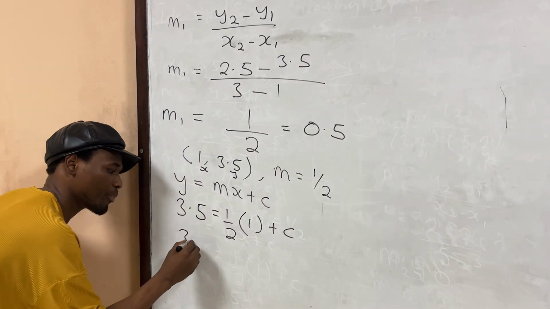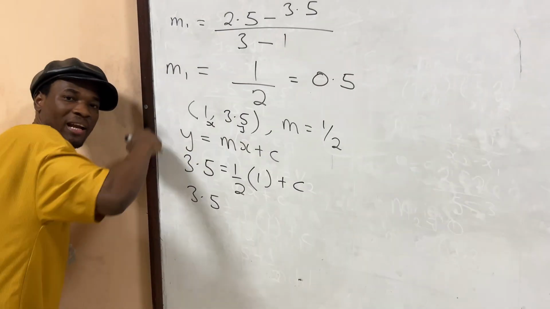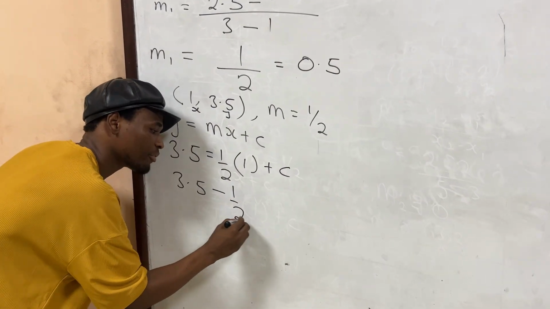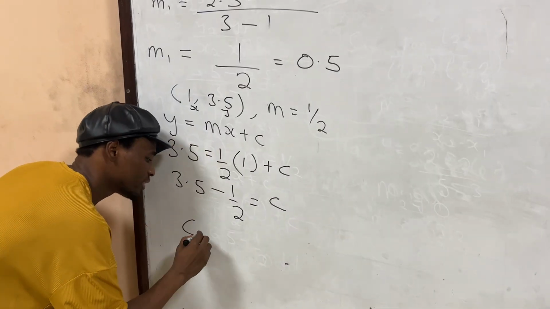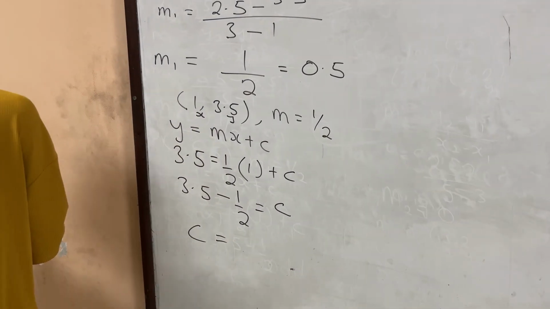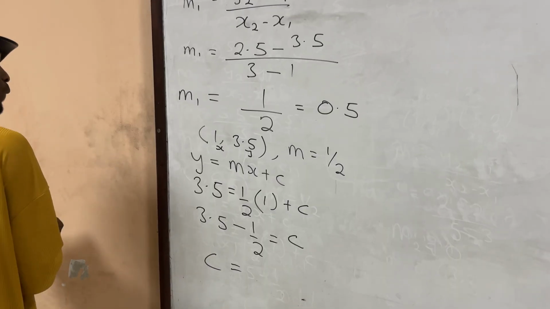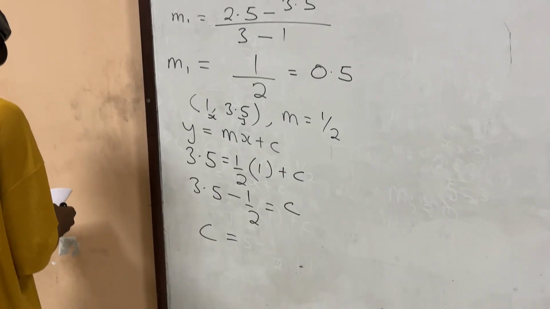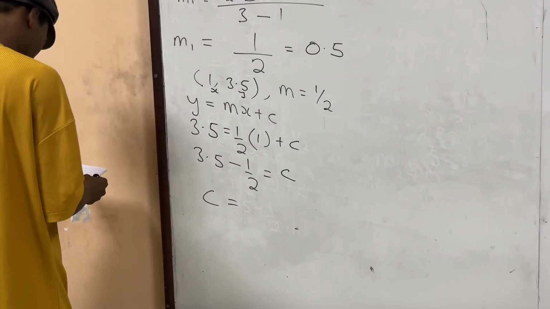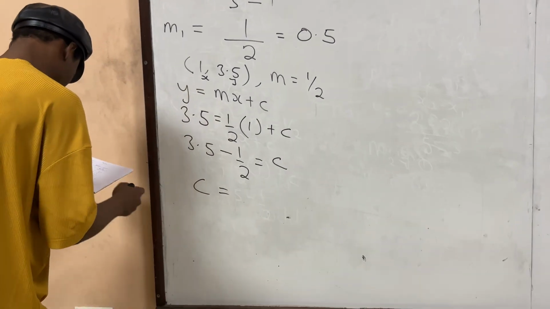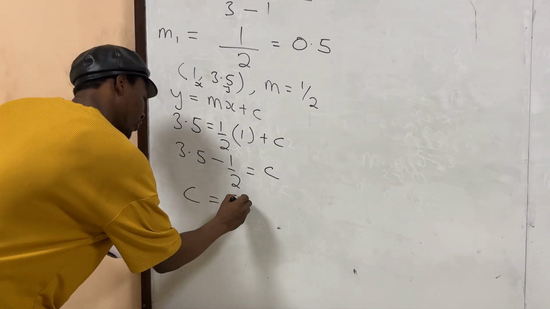So I have 3.5. When you transpose this to the other side, I have negative half, which is equal to c. So c is equal to, by the help of the calculator, 4, right? We have 4 here. Good.